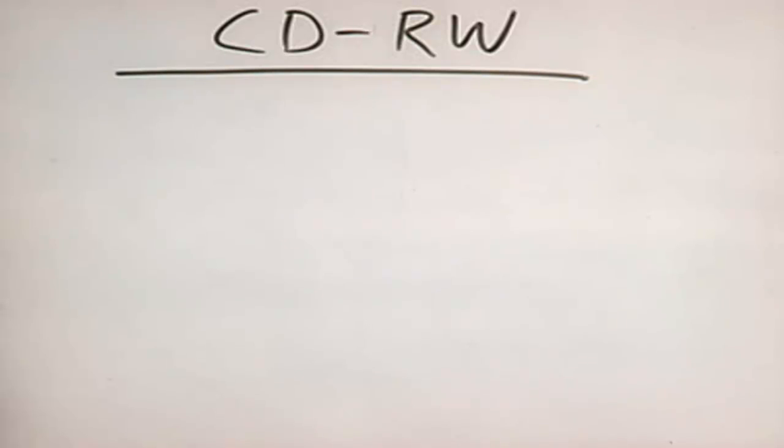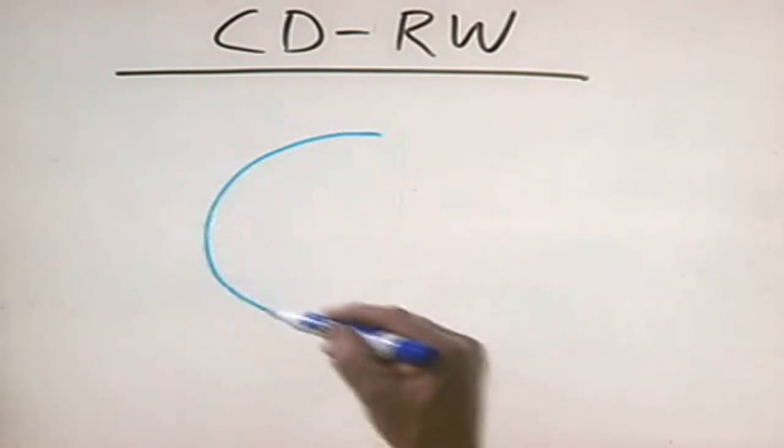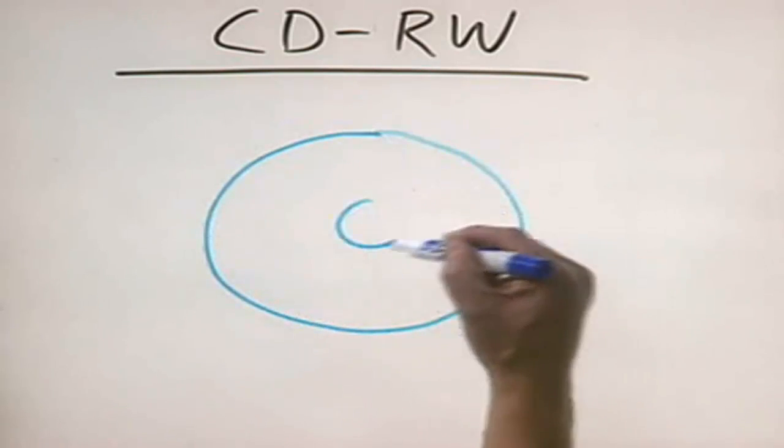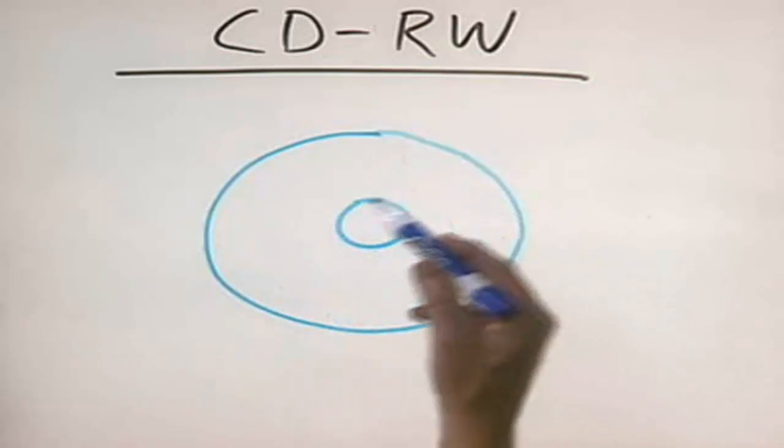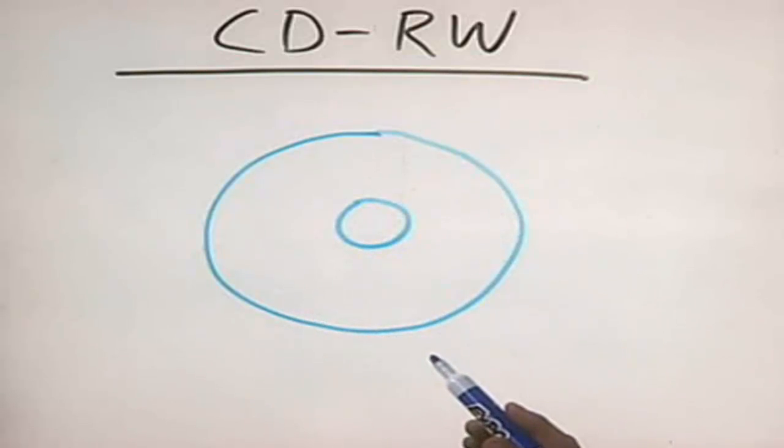Let's take a look at how a CDRW drive works. A CDRW drive stores binary PC data just like a CD-ROM or a CDR. However, the way it does it is a little bit different. The bottom surface of a CDRW drive is coated with a photoreactive crystalline coating. Just like a CDR drive, a CDRW drive has a second high-power write laser.